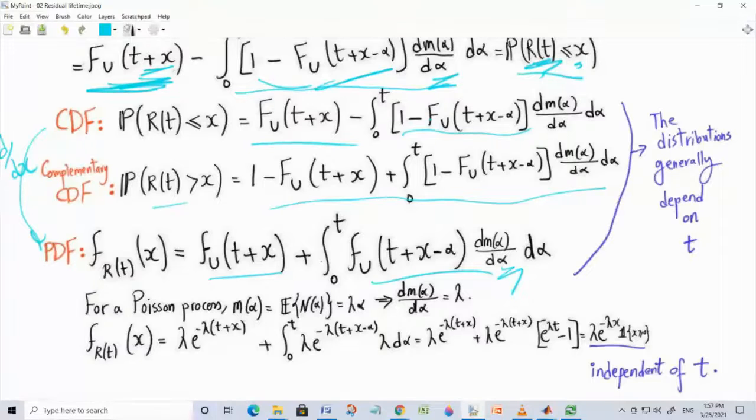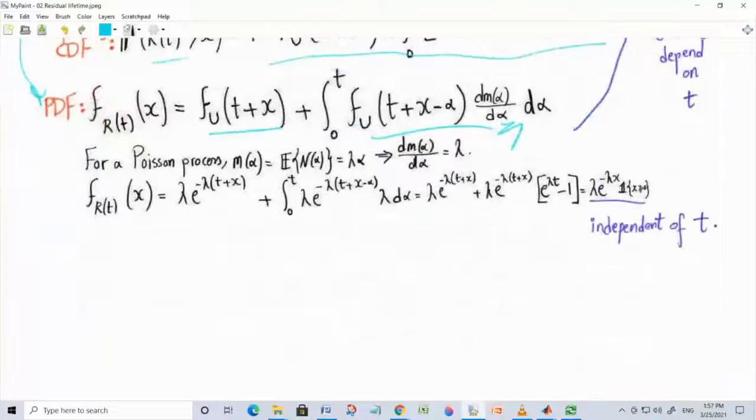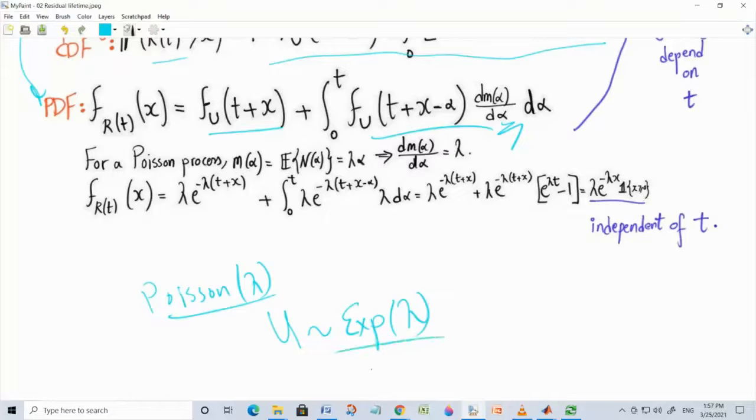Perhaps you know this from a previous course, or if you don't, here you are hearing it: for a Poisson process with rate lambda, the inter-arrival time u is exponential lambda, and R of t is also exponential lambda, independent of t.